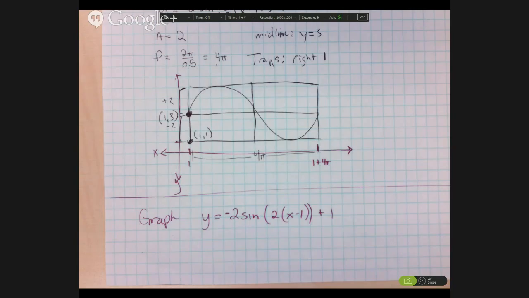The X value stays the same. Yeah, it's a period.